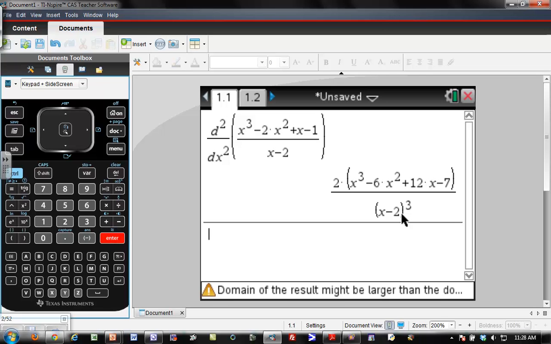Now I tell you this not because I expect you to do this on the test. In fact, this would probably be something they wouldn't allow you to do on the AP exam, because people who don't have the CAS calculators would be at an unfair disadvantage. But I want to expand the idea beyond this classroom: you are learning calculus so that you can use it as a tool in other classes.